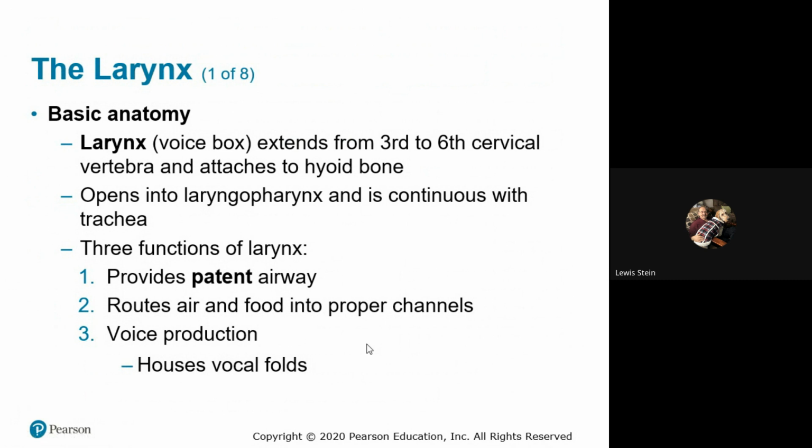The larynx is probably around here. Your best anatomical landmark is your Adam's apple, which is a cartilage that guards the anterior portion of it. Okay, and that's what cartilage does, we call it patency.